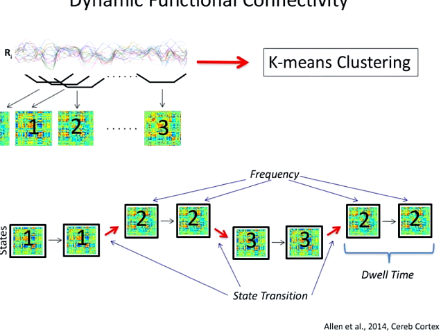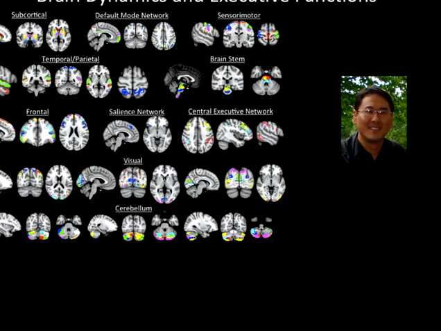State transitions. This is something we did with a research scientist in my lab, Jason Nomi, where he used the Human Connectome Project data and, like I said, used independent component analysis to first parcellate the resting state fMRI data into lots of tiny little brain regions.